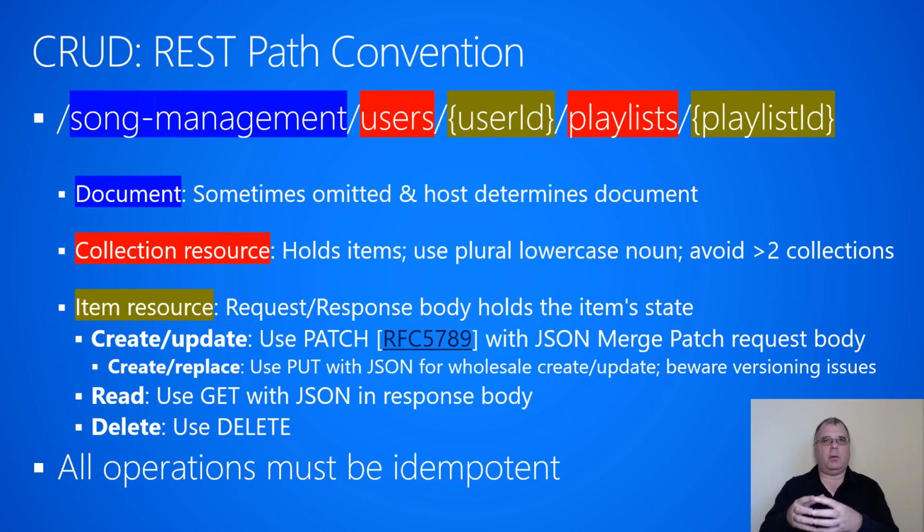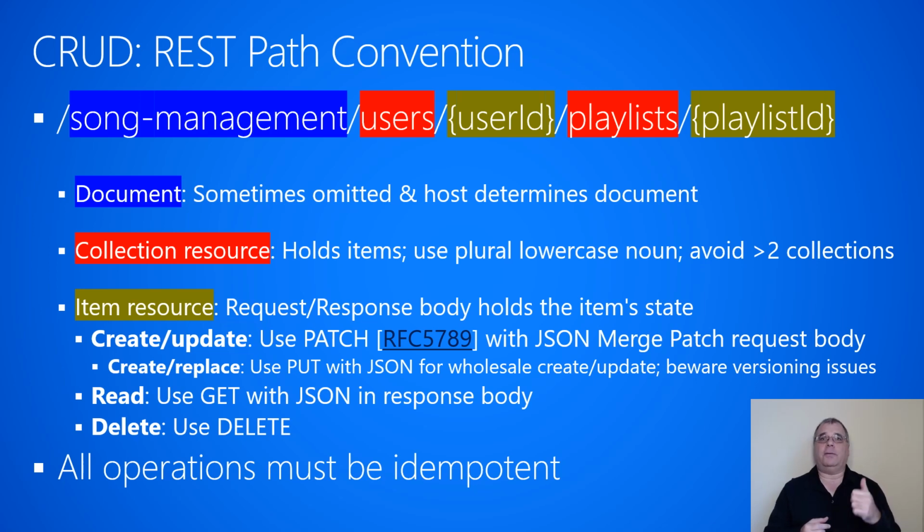And this will go and create the user of the ID that the client specifies on the service. And then the JSON merge patch is the JSON that indicates all the properties that you are setting for that user. PATCH is used to do a create. It's also used to do an update. So let's say you create the user and you need to update their phone number or their email address. So then you would also use PATCH.